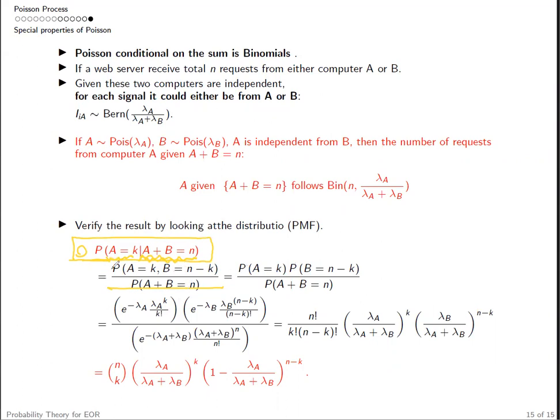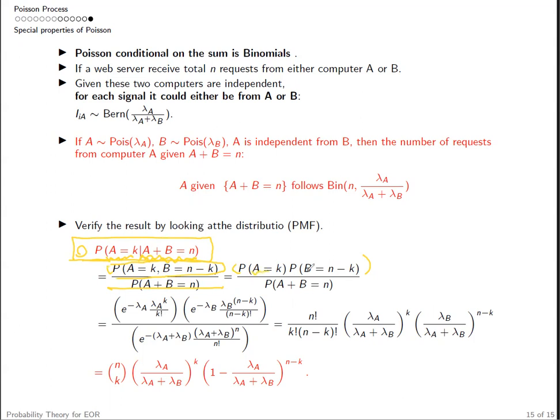A and B are independent from each other, and independence means products. So the probability of this joint event, A equals k and at the same time B equals n minus k, is the product of P(A equals k) and P(B equals n minus k).